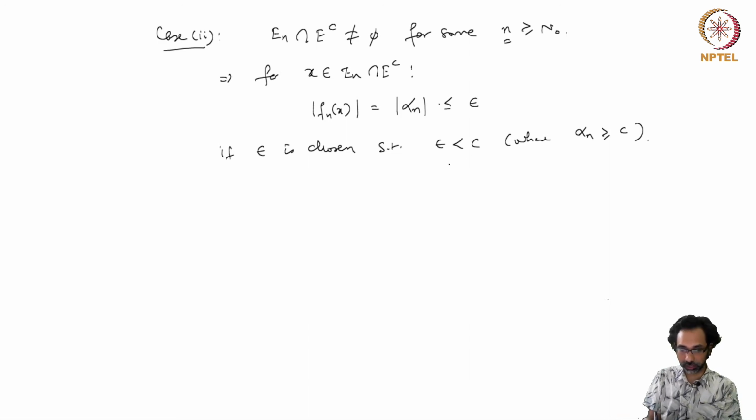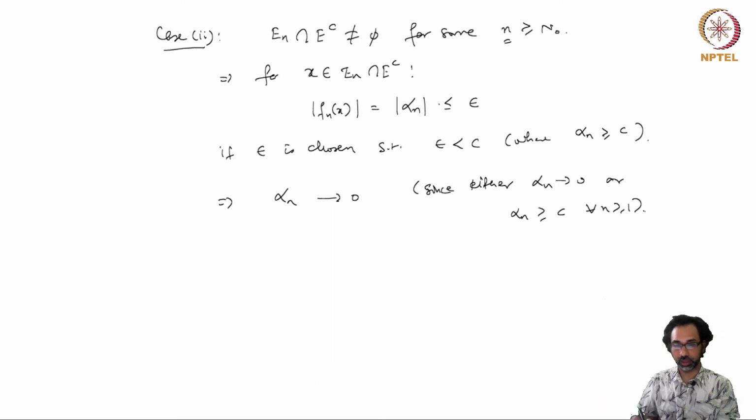So this implies that alpha n must go to 0, since either alpha n goes to 0 or alpha n is greater than or equal to c for all n. Therefore, either we have the measure of the nth tail support goes to 0 or alpha n goes to 0, the height goes to 0.